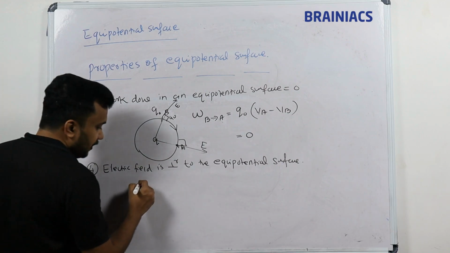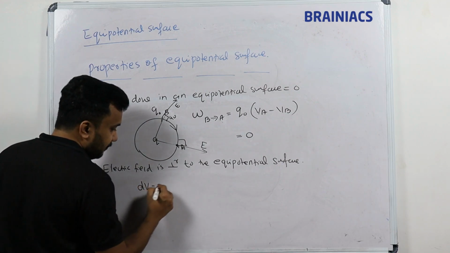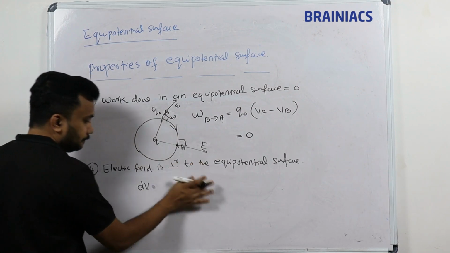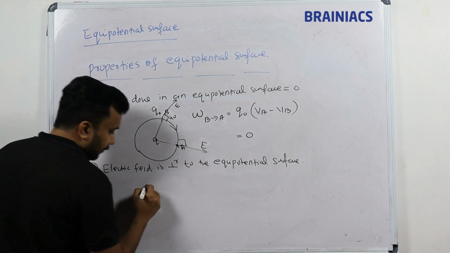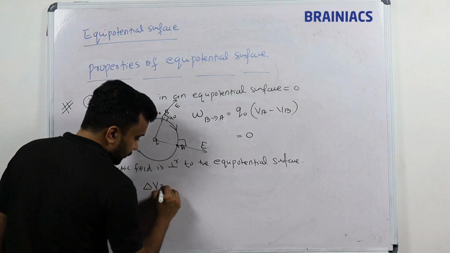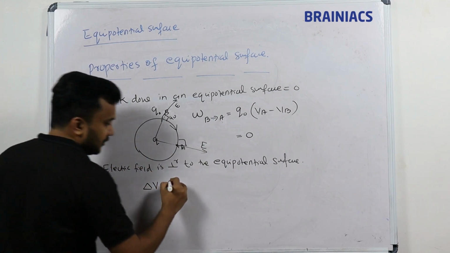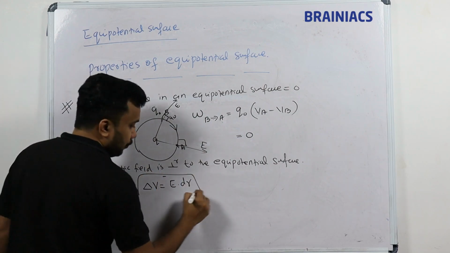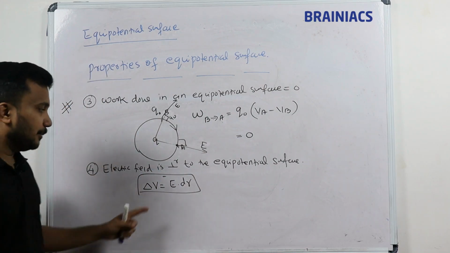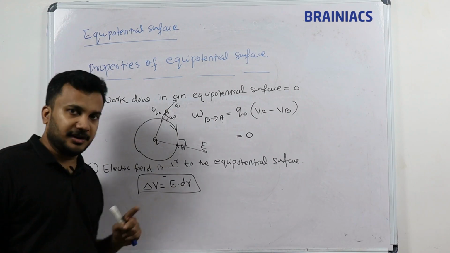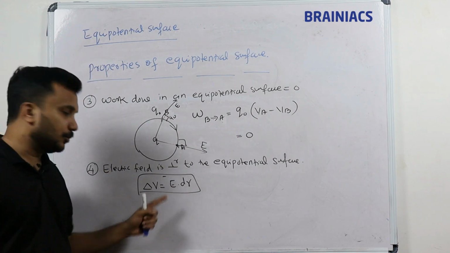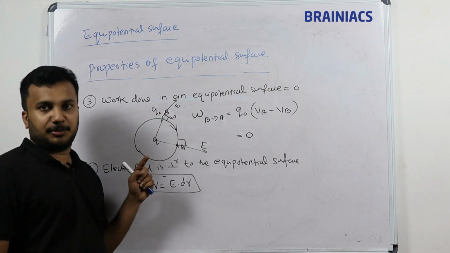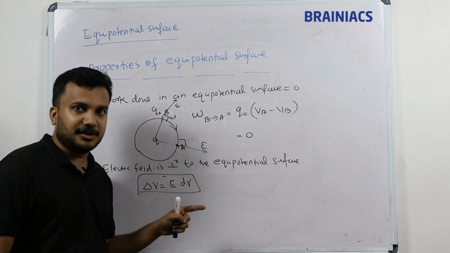For example, we have already learned an equation: dV is equal to minus integral, okay, integral we leave it. Delta V is equal to, if there is no change, E dot dr. We have learned this with a minus sign. I hope you remember this formula. The potential difference is equal to E dot dr, or we also say dV is equal to minus integral E dot dr. I already told you a couple of times where we will use integration and where we will not.